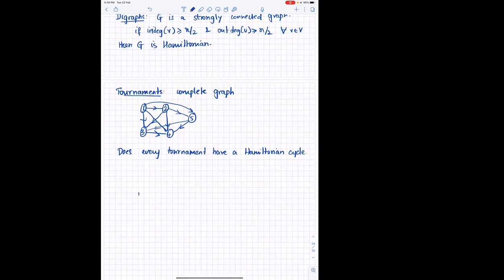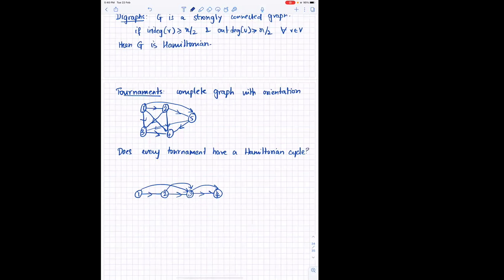So if i is less than j, then I make an edge from i to j. Since in any cycle the value will be increasing, you will not find a Hamiltonian cycle. You will not even find a cycle.